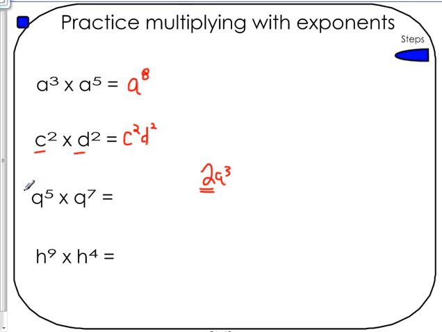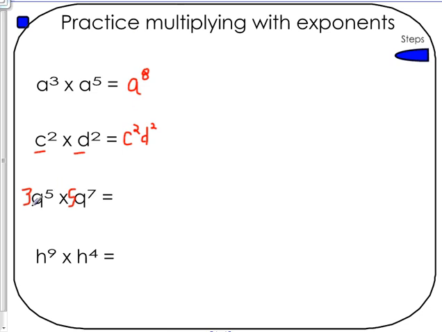All right. Now I'm going to add some coefficients here just to make it a little bit more complicated. So let's say I have a 3 here and a 5 here. So I have 3 q to the fifth power times 5 q to the seventh power. So just like I said before, look and see if my bases are the same.